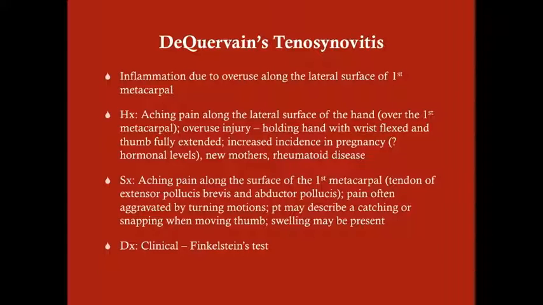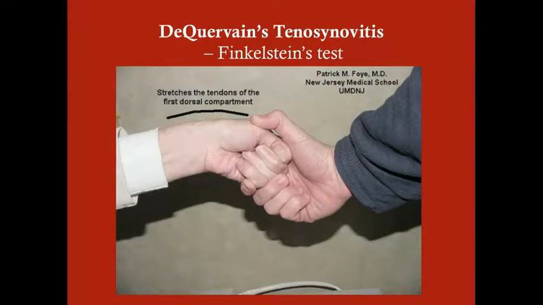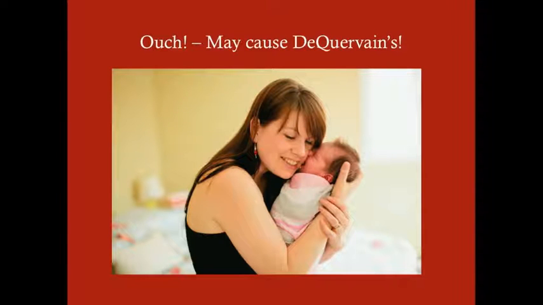And why would you be overusing that part of your body? Well, think for instance, something like this. Look at how she's holding her baby. She's holding her baby with a thumb out, fully abducted, and with her hand cradling the baby's head.